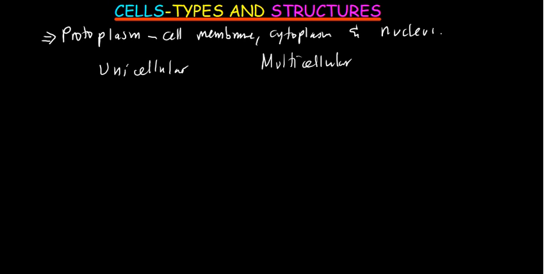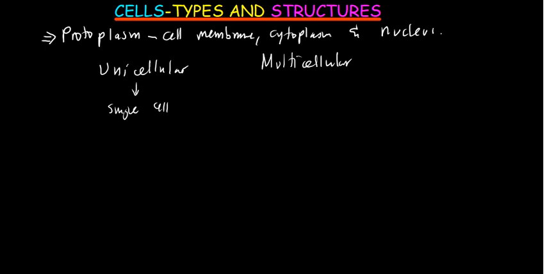When we're talking about universe, uni, it has to do with one. So unicellular means they are single cell, they only have one cell. That's the meaning of unicellular. And then others are multicellular, meaning they've got more than one cell.